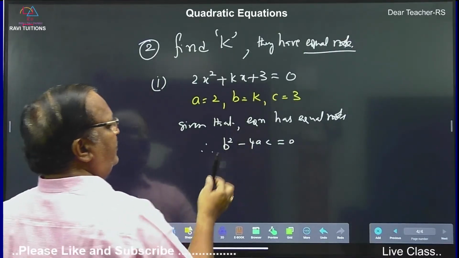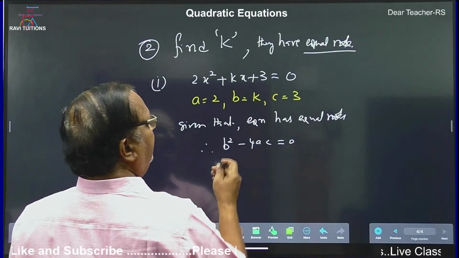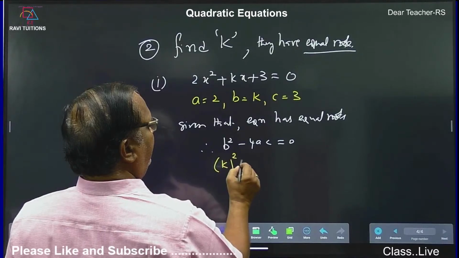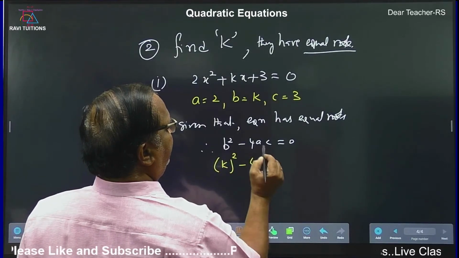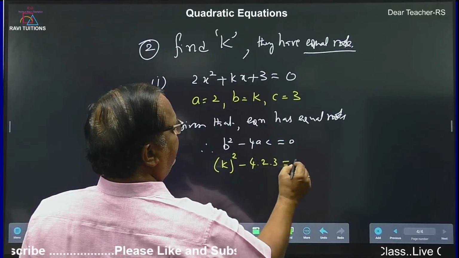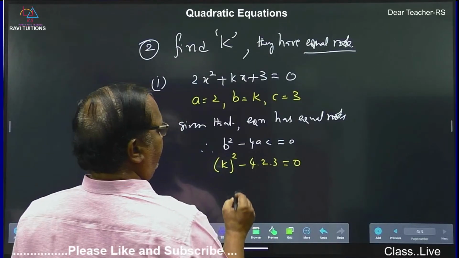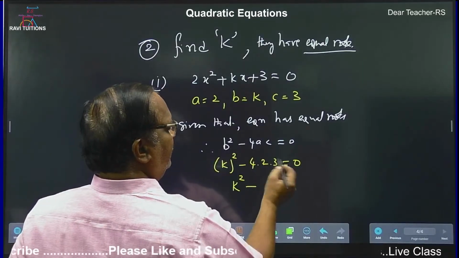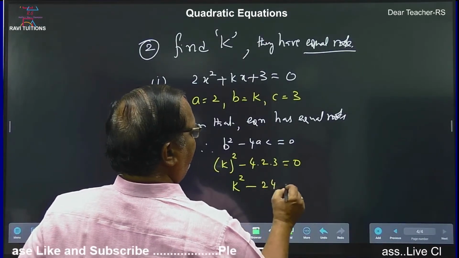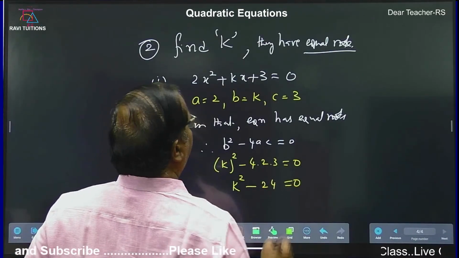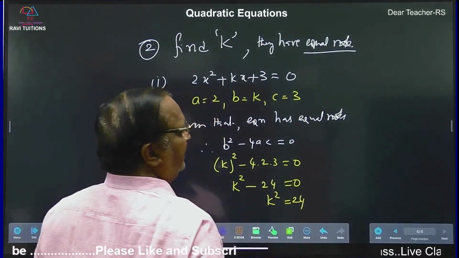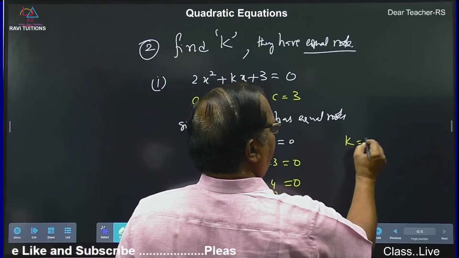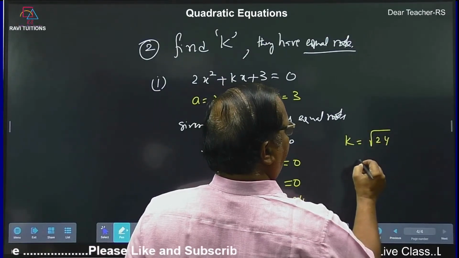Now put the values: in the place of b, k square minus 4 into 2 into 3 is equal to 0. So k square minus 4 eights, 3 is 24, is equal to 0. K square is equal to 24 and k is equal to square root of 24.